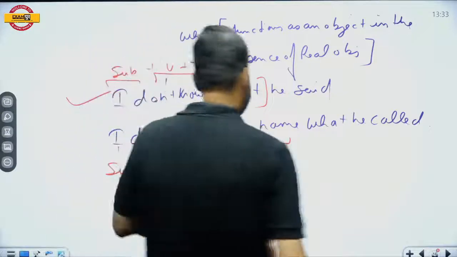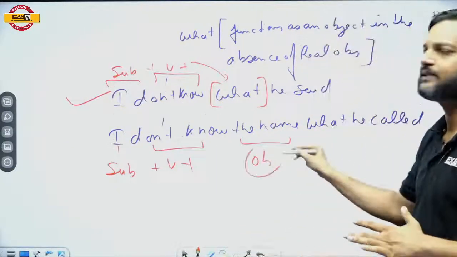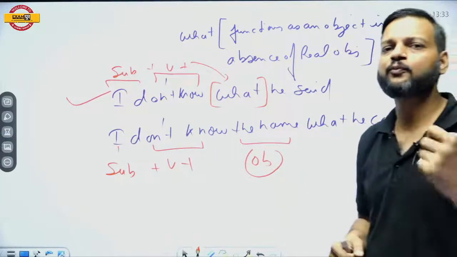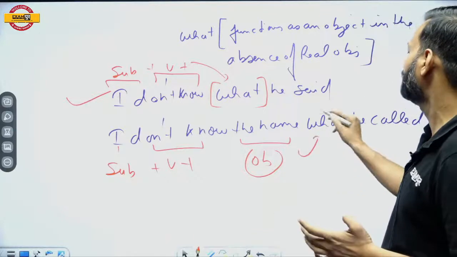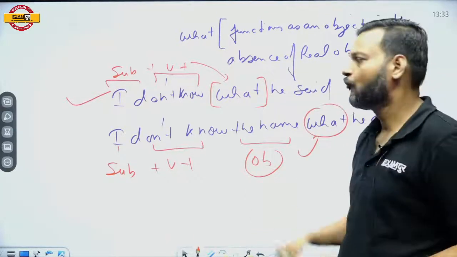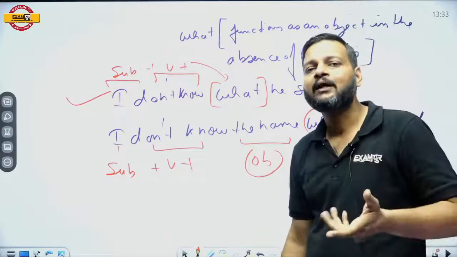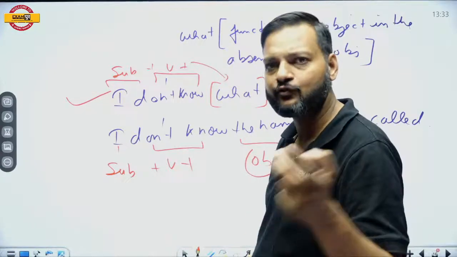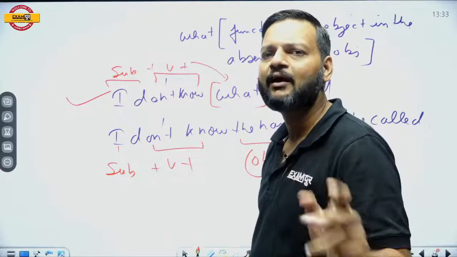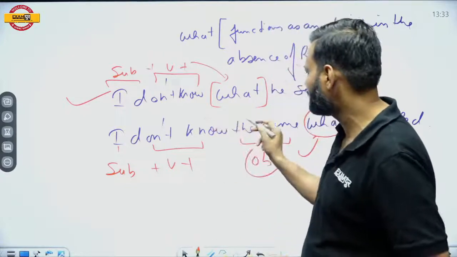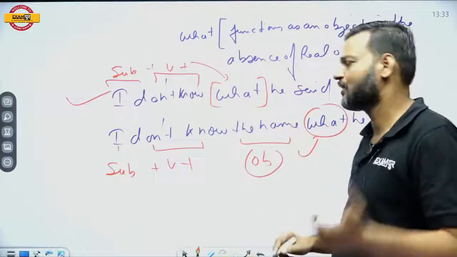So in this sentence, we already have an object, and since the object is present, there is no need to write what, because what is used to fill the gap. If there is no object in the sentence, we use what as an object, but since the object is already there, there is no need of what.